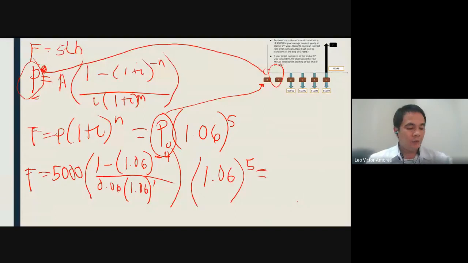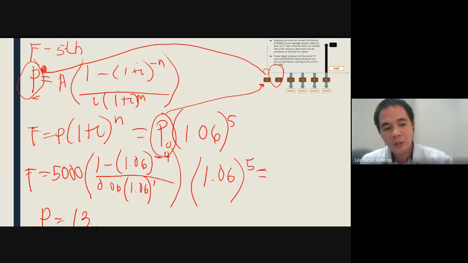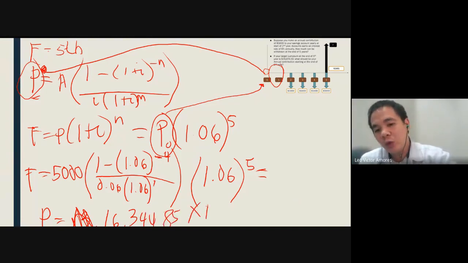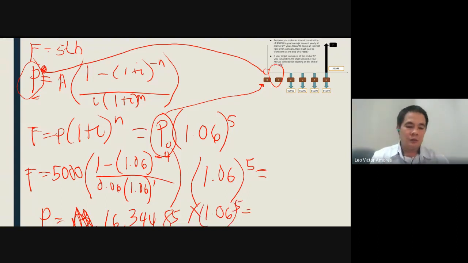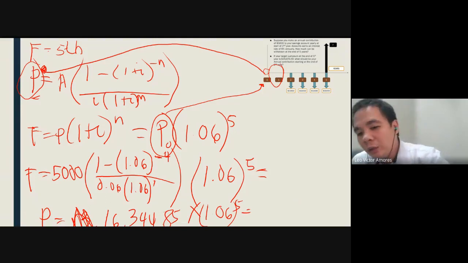So your present value, or your P, is equal to 16,344.83. Then times 1.06 to the power of 5. The answer is 21,873.08.